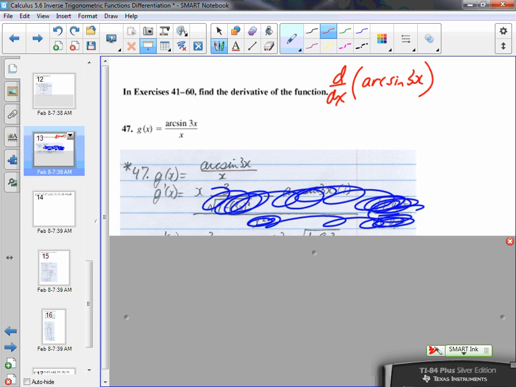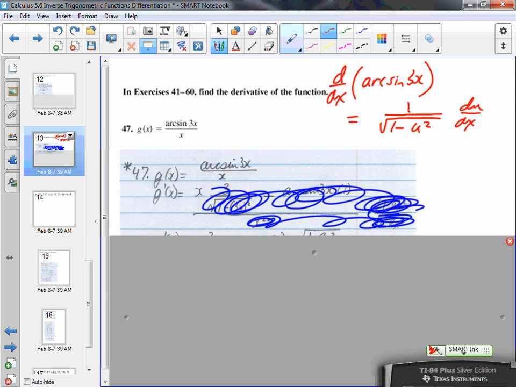So I'm looking right at the formula on page 376. The derivative of the arc sine of u equals, now I'm going to write the derivative of u at the end. Even though I don't always do my work that way, I memorize the formulas better that way. So it's 1 over the square root of 1 minus u squared times the derivative of u.